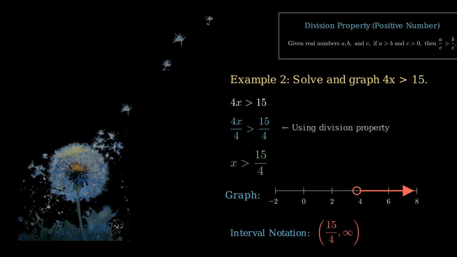This simplifies to x is greater than 15 fourths. 15 fourths is equal to 3.75. On the number line, we place an open circle at 15 fourths because this point is excluded and draw a bold arrow pointing to the right. The solution in interval notation is written as open interval 15 fourths to infinity.